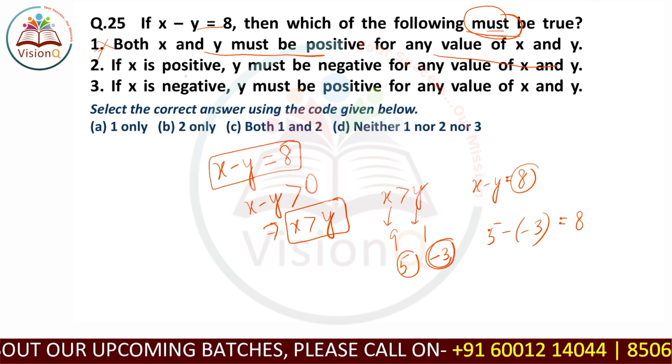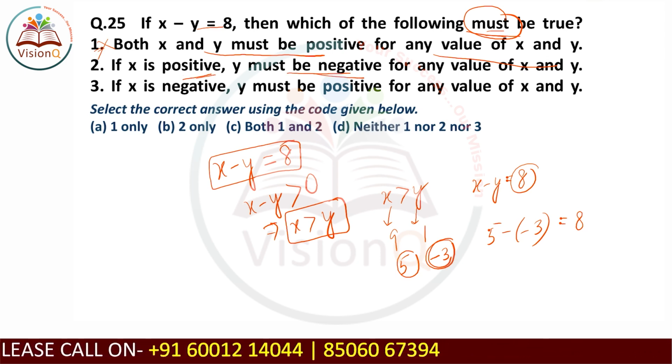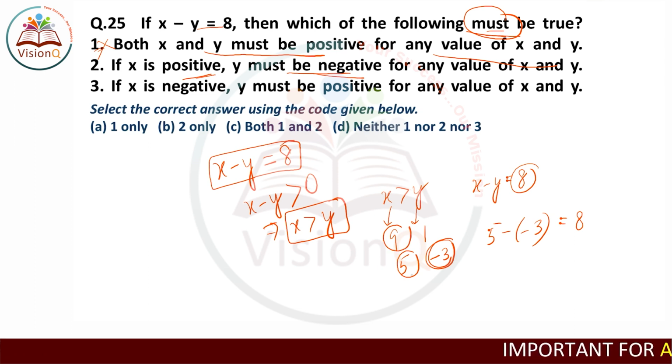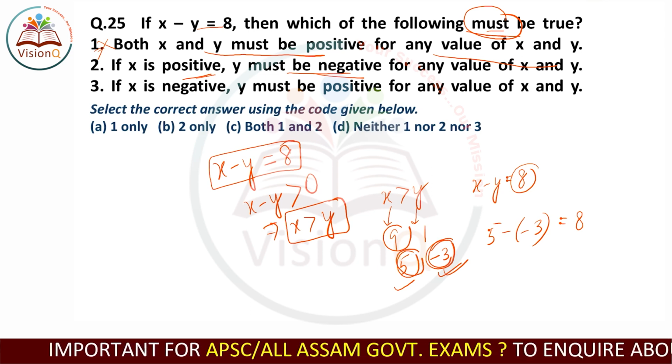Next statement says that if x is positive, y must be negative for any value of x and y. If x is positive, then y may be negative also, no? I have just discussed one example. If x is 5, y can be minus 3 also.